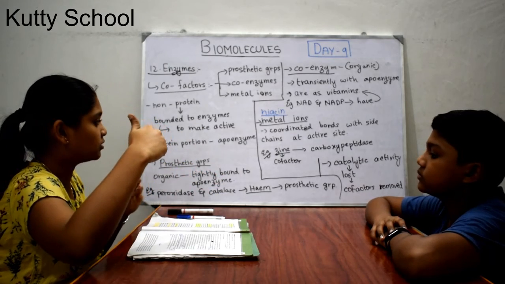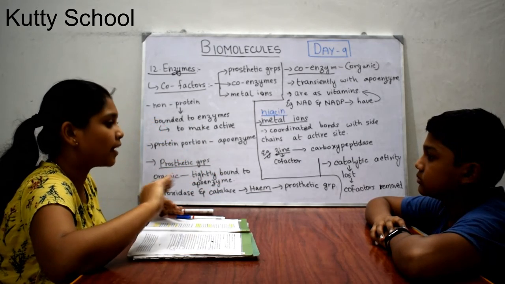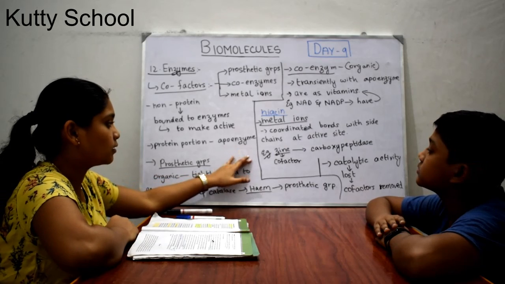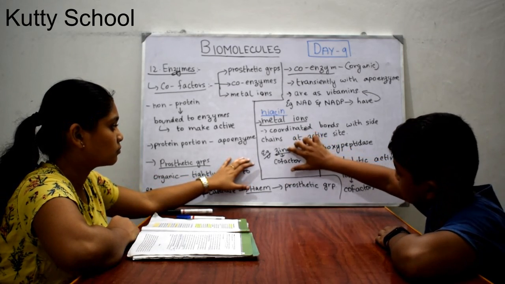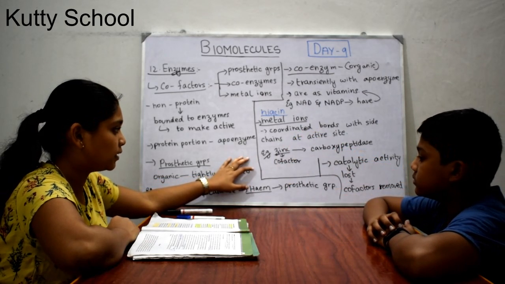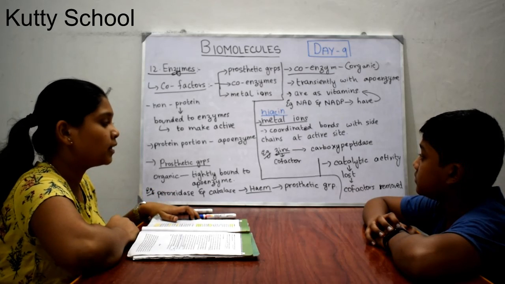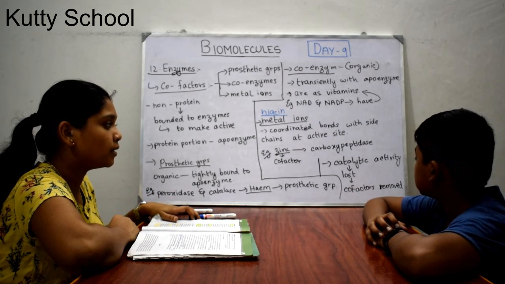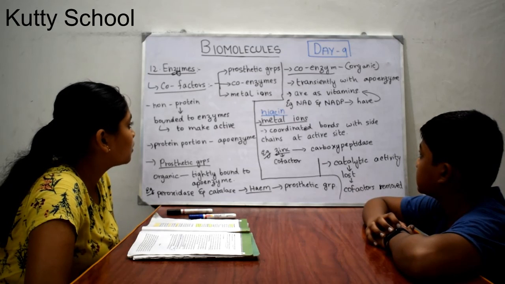That is their function. For example, zinc is a cofactor for carboxypeptidase. When these cofactors are removed, the catalytic activity of the enzyme will be lost. The enzyme will not be catalytic. Okay. So this is where the chapter on cofactors ends.